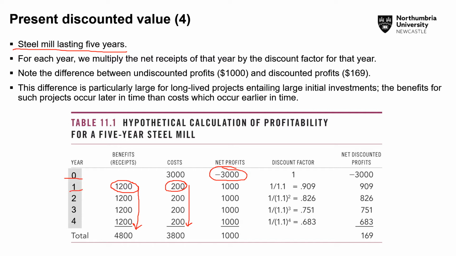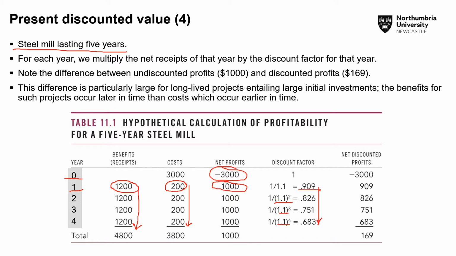Now, for the first year, we calculate the net receipts. We call them net profits in this specific exercise, but these are essentially net receipts. And then we raise the denominator to the power of 1, and we calculate our discount factor. We do the same for year 2, year 3, and year 4.